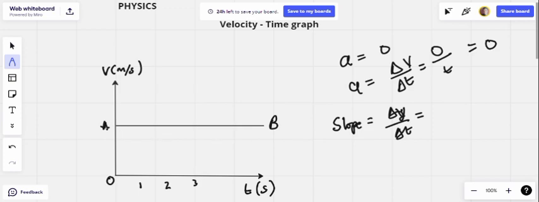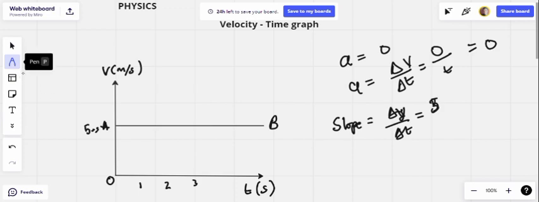Take for instance, if this point A here was 5 meter per second, you see that it doesn't change from that 5 meter per second. It still remains there. So at time t equals 1, it was 5 meter per second. At time t equals 3, it's still 5 meter per second. So let's calculate the slope of this line. Our initial time is 0 and our final time is 3.